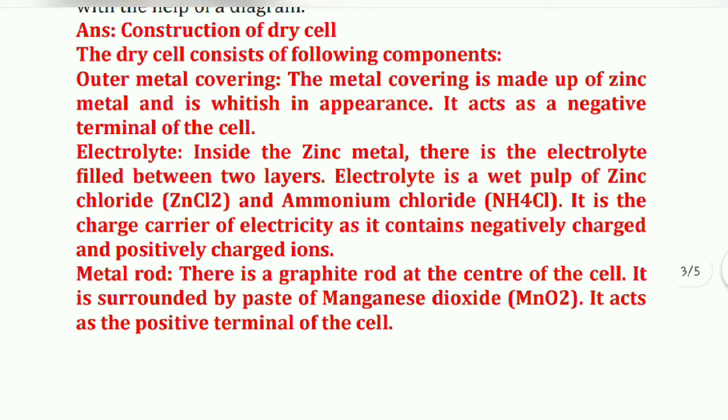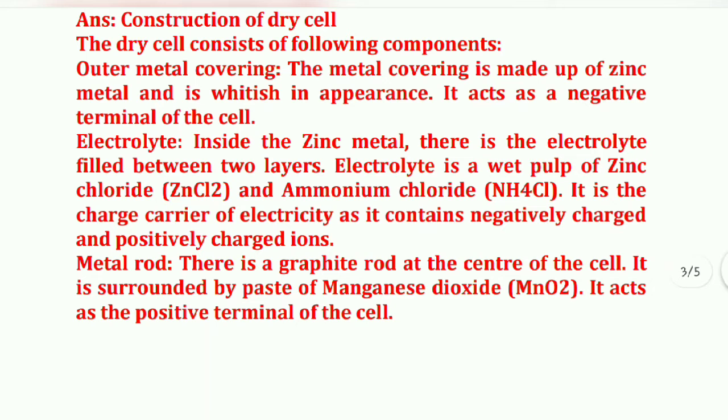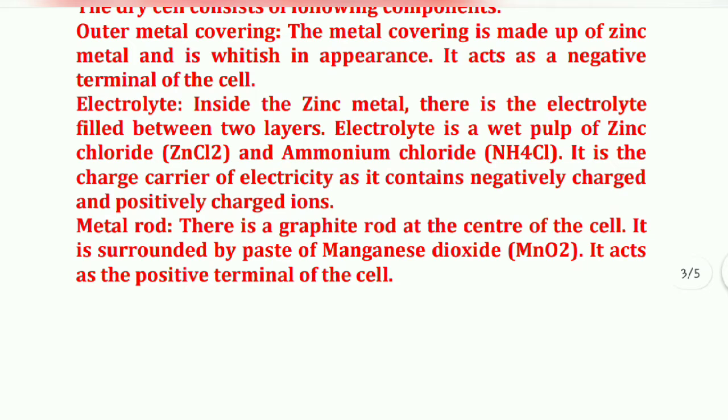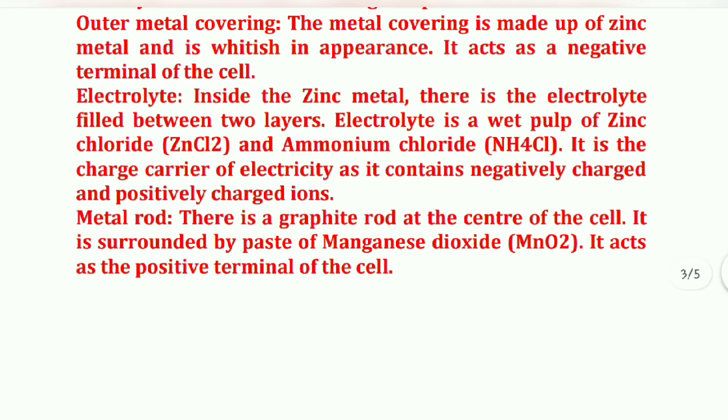Then electrolyte. Inside the zinc metal there is the electrolyte filled between two layers. Electrolyte is a wet pulp of zinc chloride and ammonium chloride, that is NH4Cl. It is the charge carrier of electricity, as it contains negatively charged and positively charged ions.